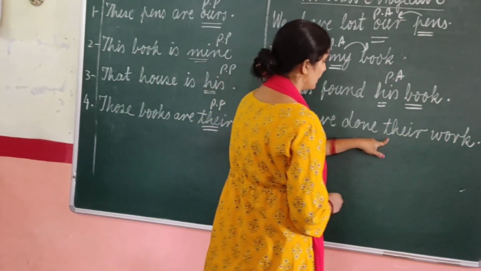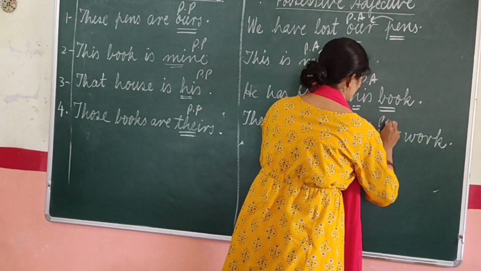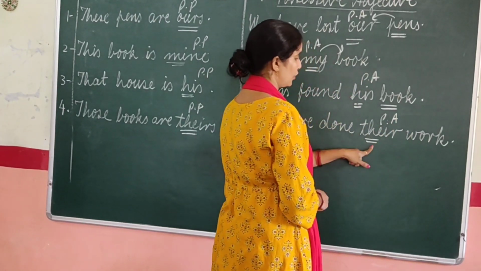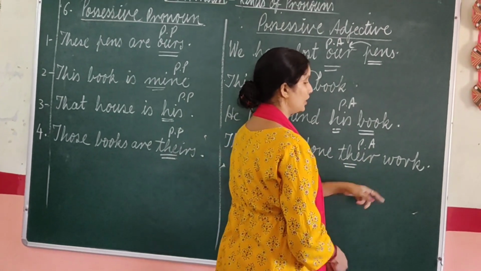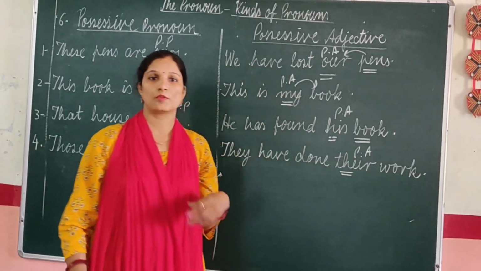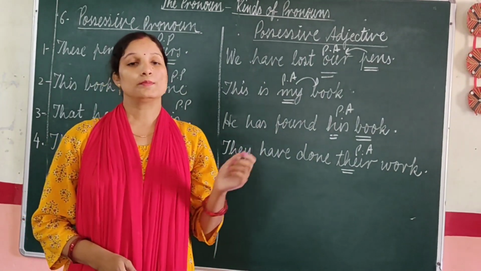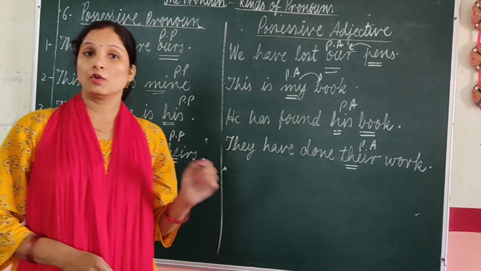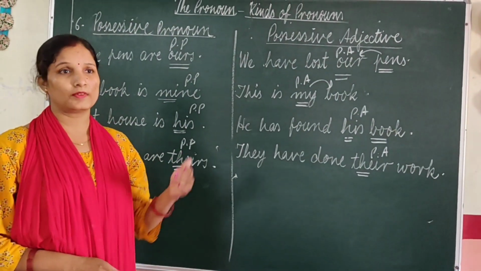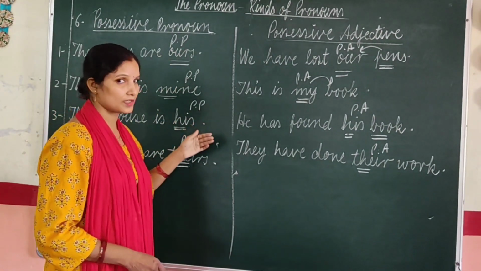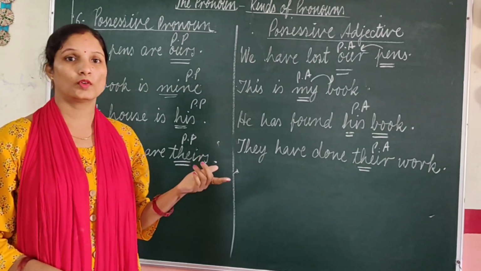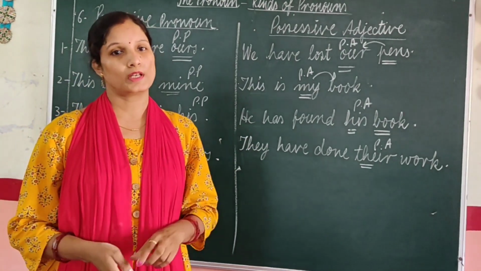Here also their work is possessive adjective, because it is followed by noun. Only you have to keep in mind: when these words are followed by noun, they become possessive adjective. When they are not followed by noun, and generally we add s at the last except mine, they become possessive pronoun.